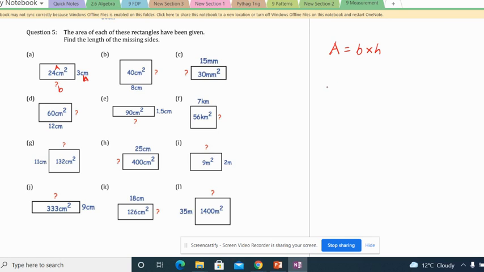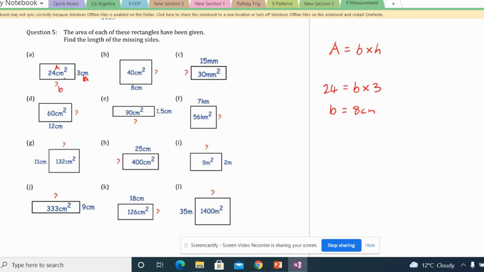So what I'd actually do mathematically is, instead of writing A for area, because I know that, write 24 equals, now I don't know what the base is, times the height, which is 3. And so this is my working step. 24 equals B times 3, and we should be able to see that B equals 8, and that's 8 centimeters. So the base is 8 centimeters.